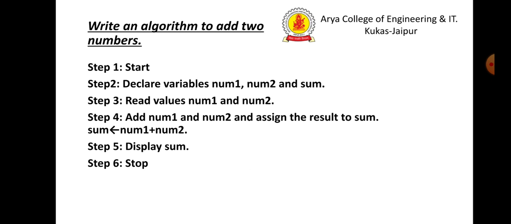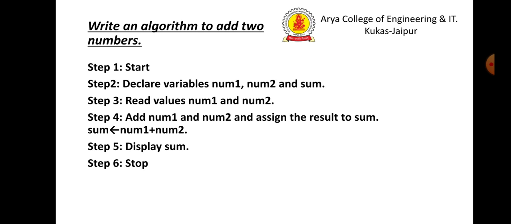This is an example to add two numbers. Step 1 start. Step 2 declare variables num1, num2 and sum, as we declare variables before use in our programming. Step 3 read values num1 and num2. After variable declaration you have to scan the values, which we do in step 3.